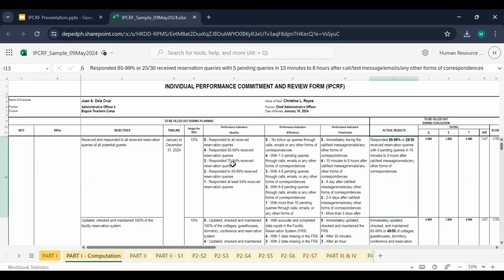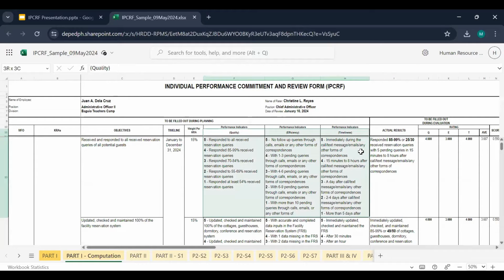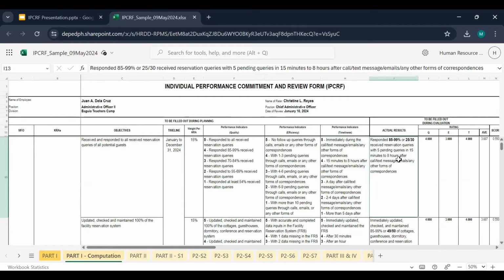It is important to note that the actual results may also be based on your set performance target, as you can see here under column F to column E. So the indicators serve as the performance rating guide in assessing the individual actual results.